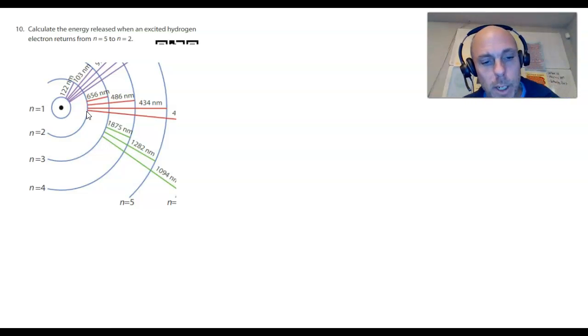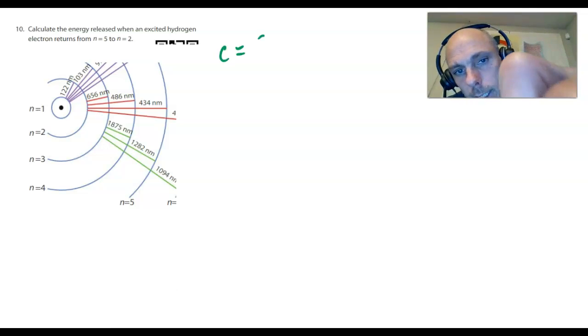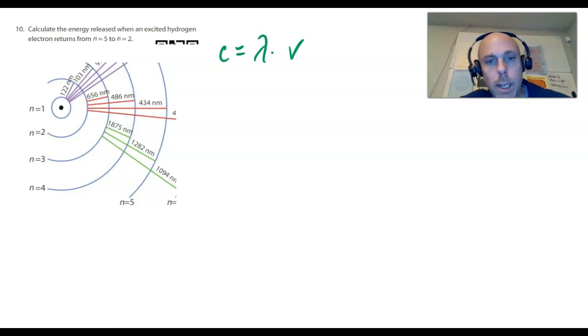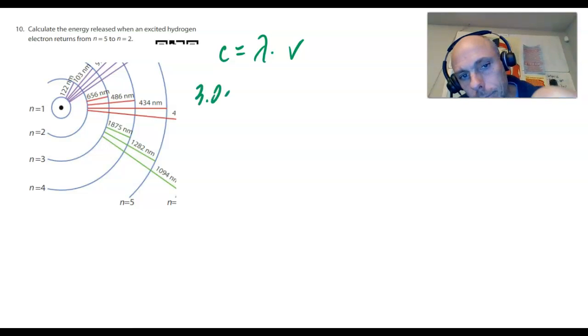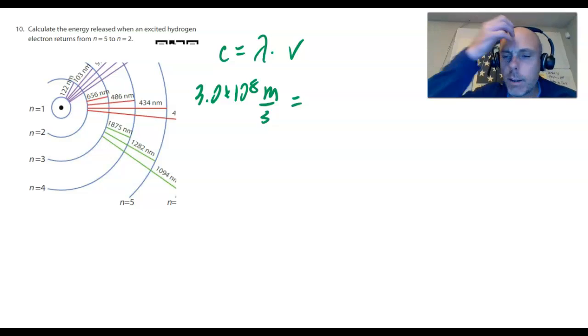So I'm going to start with my speed of light equation. I'll go to green. Speed of light is equal to wavelength times frequency. The speed of light is 3 times 10 to the 8 meters per second. The wavelength is 434 nanometers.